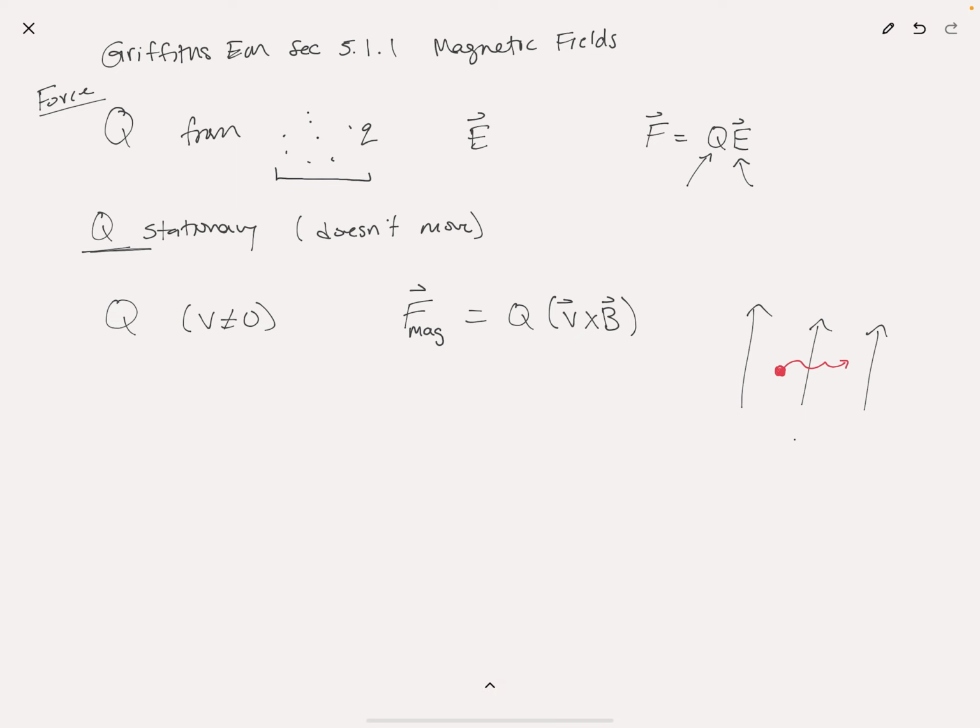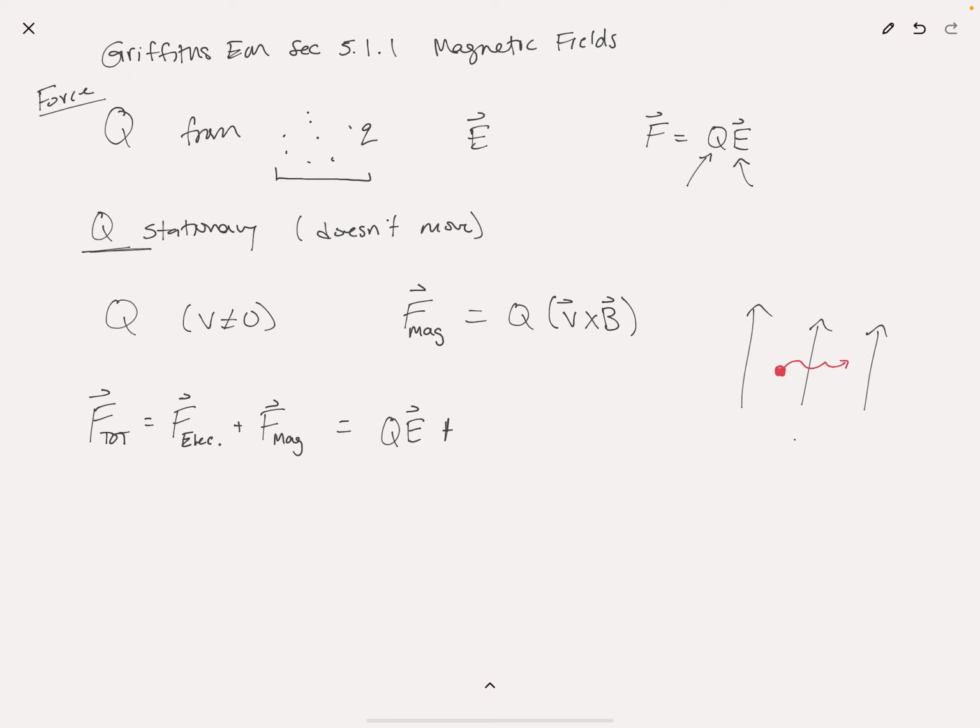Therefore, the way to find the total force that a charge feels is to first find the electric force, which is what we've done in this class so far, and then find the magnetic force. I know what each of those expressions are. I know from earlier in the quarter that I have a test charge times the electric field, and then my magnetic force is the thing that I drew just up there.